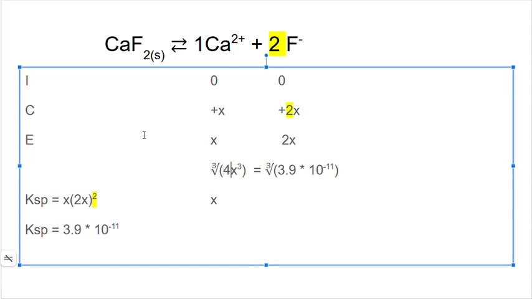And I would, of course, have already divided by 4. So let me show you that work really quick.